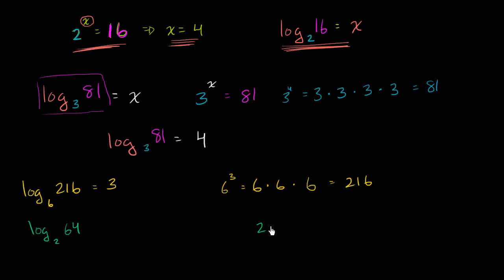So 2 to the first power is 2, 2 to the second power is 4, 8, 16, 32, 64. So 2 to the 6th power is equal to 64. What power do I have to raise 2 to get to 64? I have to raise it to the 6th power.